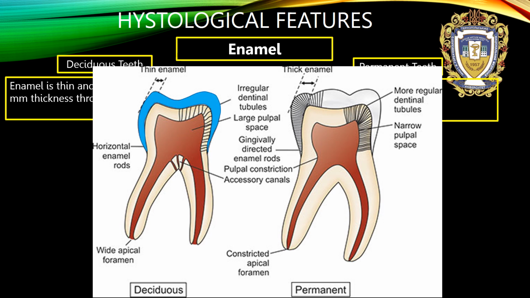Schematically, similar thickness all around the crown, near 1 millimeter in temporary teeth, and different thickness in permanent teeth, near 2-3 millimeters.